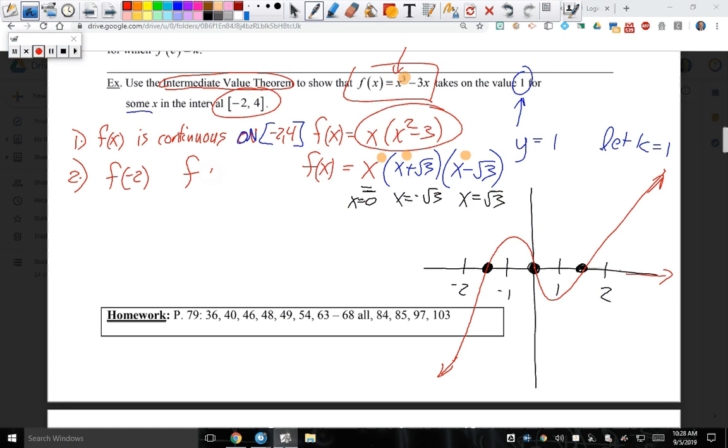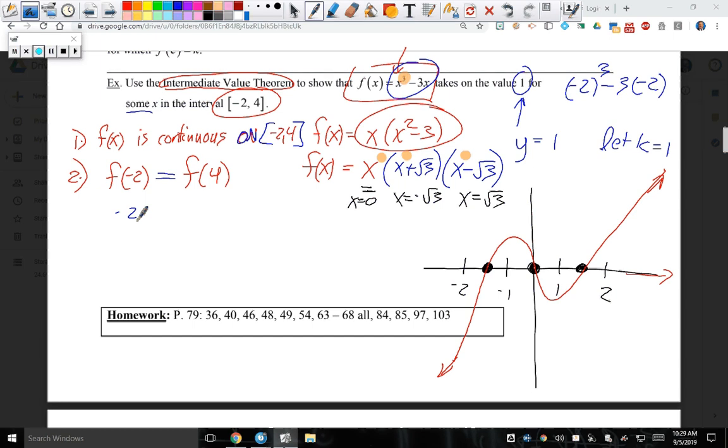You have to ask yourself, are they equal or not equal? You with me? So how are we going to find that? We're going to plug those into the original equation. -2 cubed minus 3, -2. Can someone tell me what that answer would be? -2? So this is like -2.